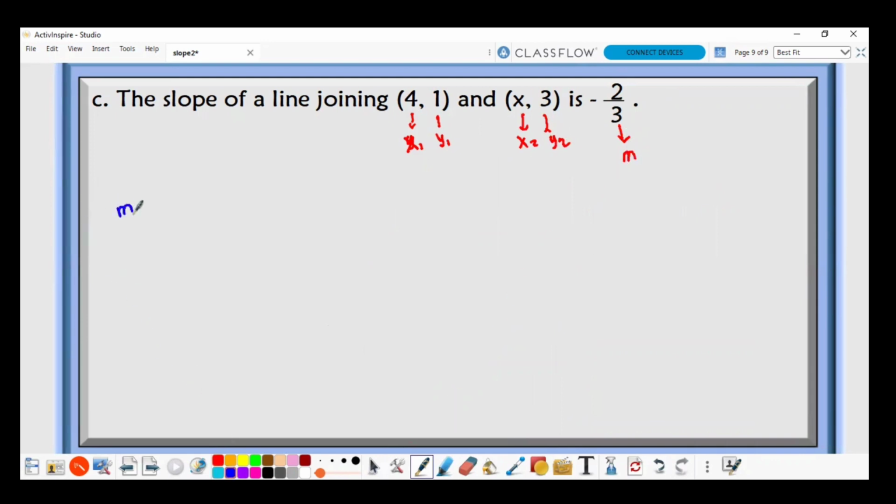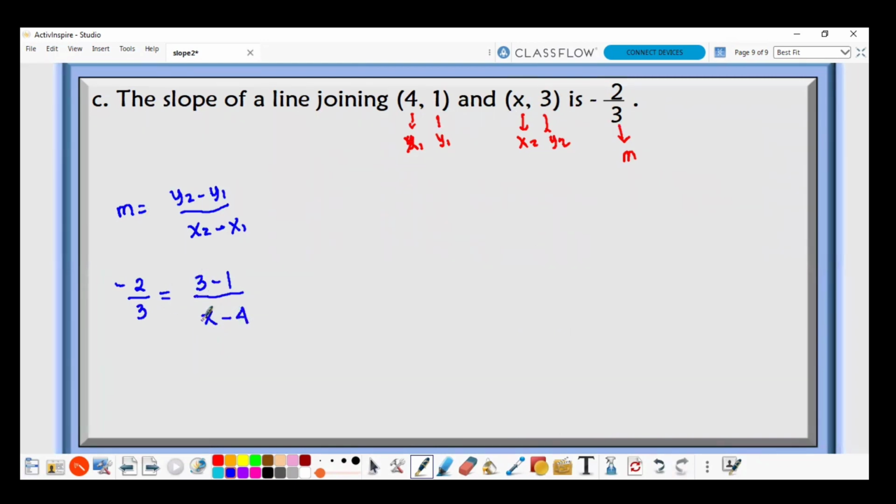Now, using again the formula, slope or m is equal to y2 minus y1 over x2 minus x1. Substituting this given here for us to be able to find x. We know that m is given, so that is minus 2 over 3 is equal to our y2, which is 3, minus 1 over our x2, which is x minus 4.